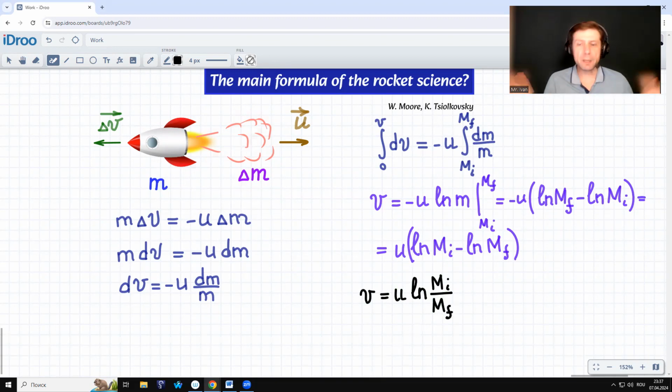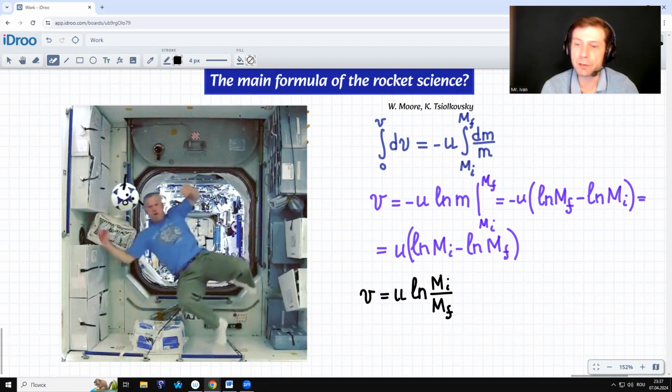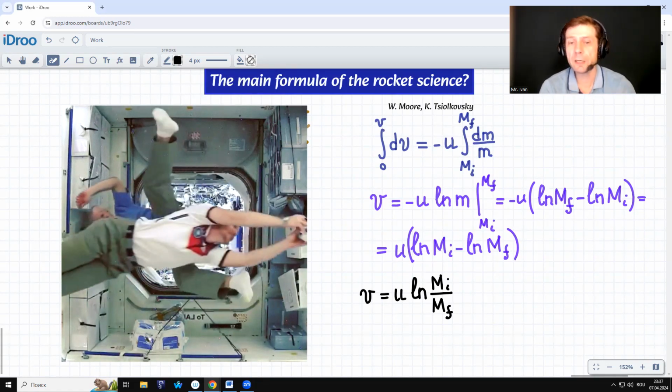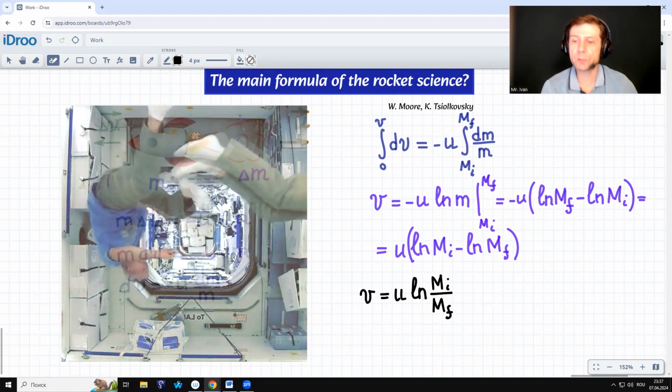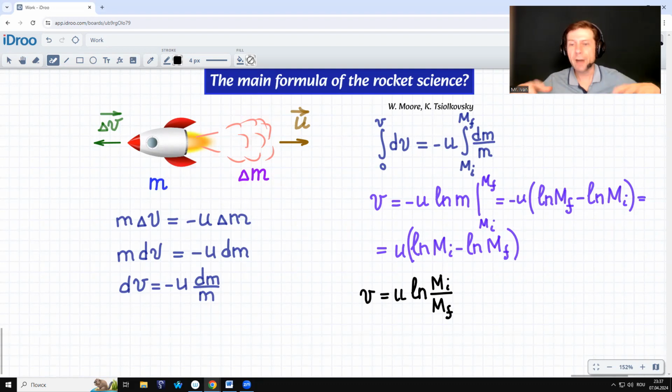This is probably the main formula of rocket science. Other formulas are adjustments of this formula to motion in the gravity field. But in any case, this formula allows us to figure out the utmost possible velocity if we use reaction gases and reaction motion.